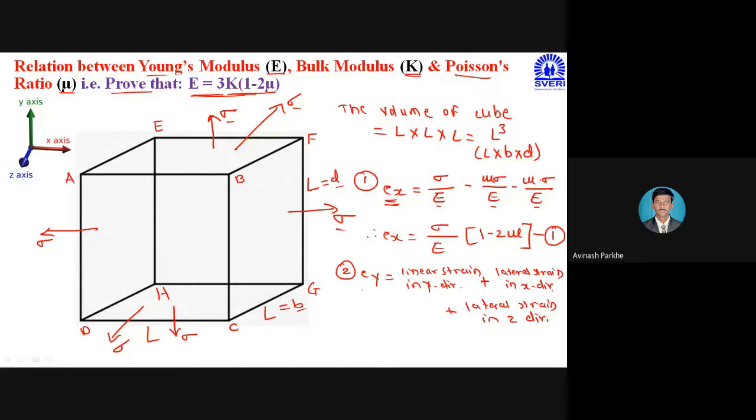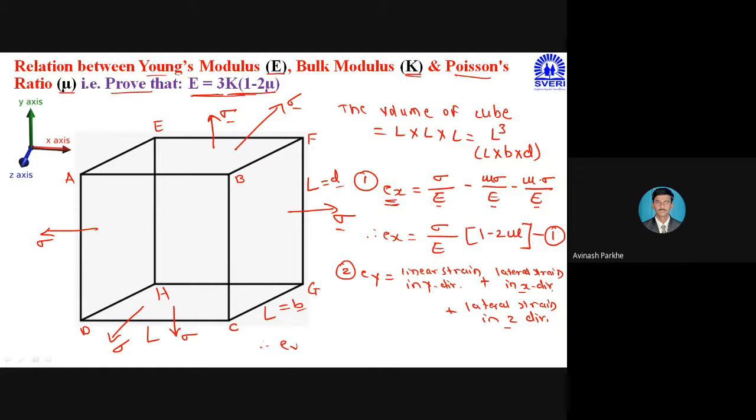Let us assume that we are calculating the strain in y direction, meaning the force is applied in only y direction. Therefore the linear strain is developed only in the y direction, but due to the force applied in y direction, some amount of strain is also developed in the x axis and z axis. Therefore those strains are considered as lateral strains.